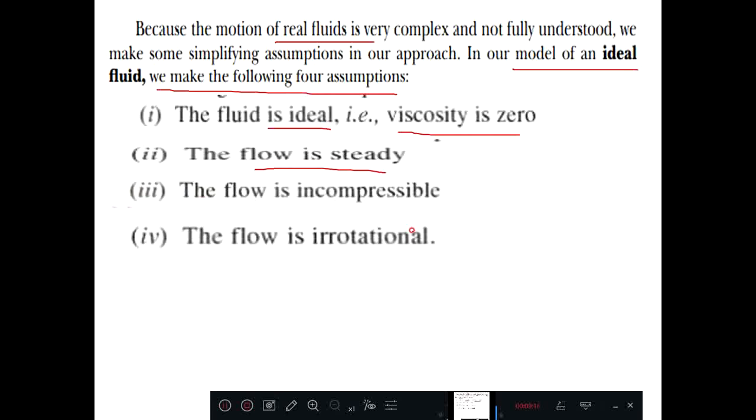If a small paddle wheel placed anywhere in the fluid does not rotate about the wheel's center of mass, then the flow is irrotational. These are the 4 assumptions made in fluid dynamics for the analysis of fluid motion.